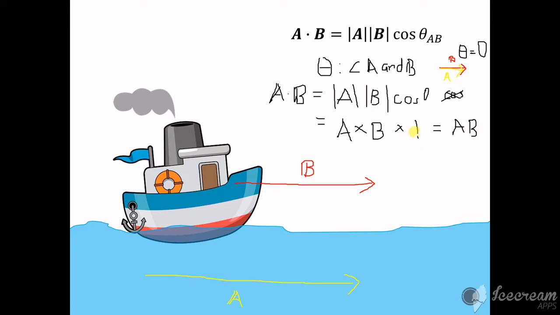The multiplier is equal to 1, so the velocity of the movement of the boat with the river flow will be the maximum value. Here we will achieve the maximum velocity of the boat.